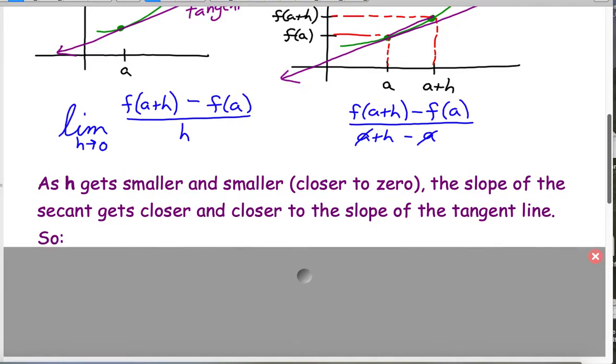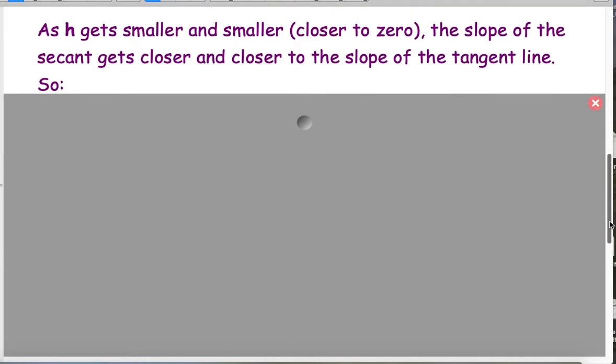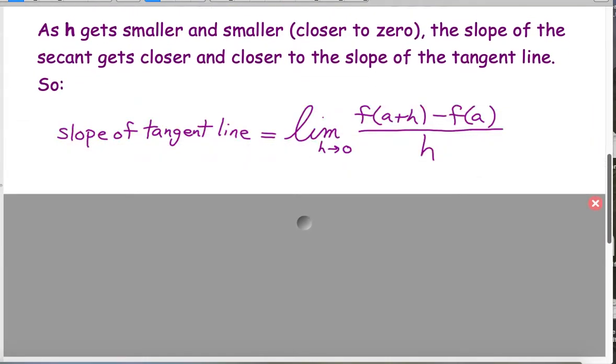So as h gets smaller and smaller, closer to 0, the slope of that secant will get closer and closer to the slope of the tangent line. And so there we have it. And we have a special name for the slope of a tangent line, and that's called a derivative.